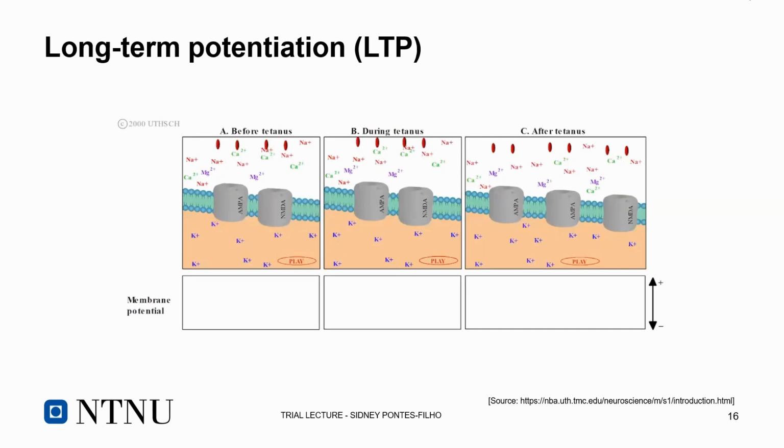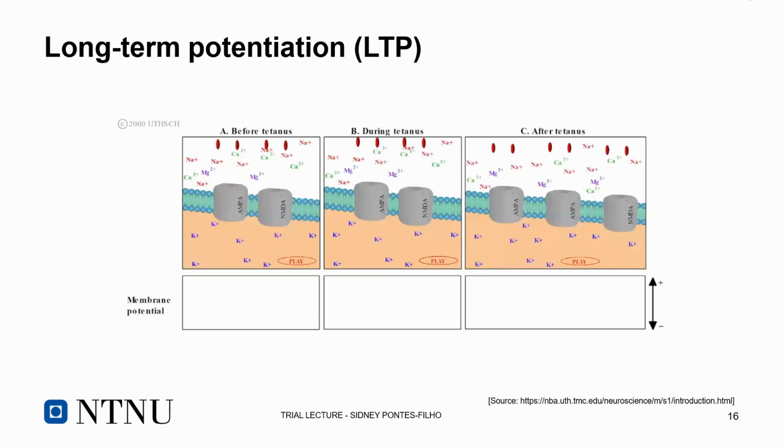And the AMPA receptor, when it has some glutamate close or attached to it, is going to allow potassium to go out from inside of the cell, and sodium to go inside, increasing the excitability or the membrane potential inside the cell. And the NMDA receptor does the same thing.